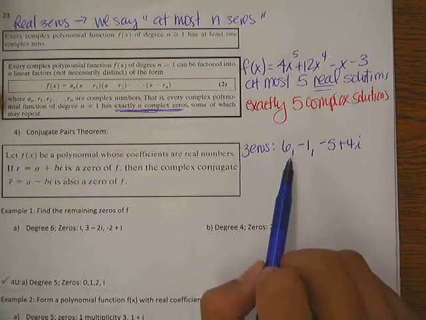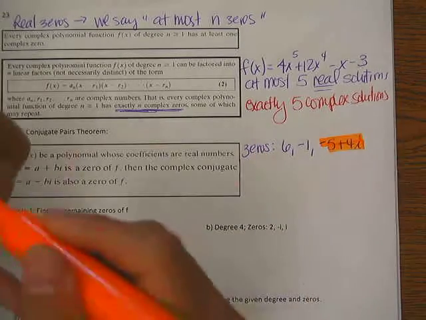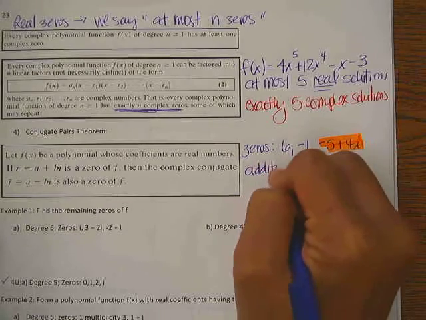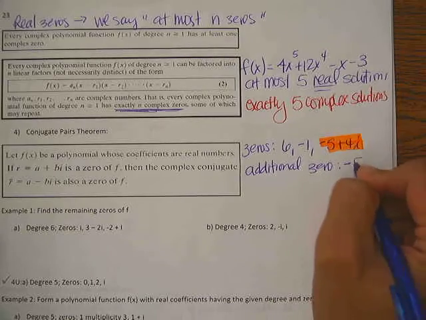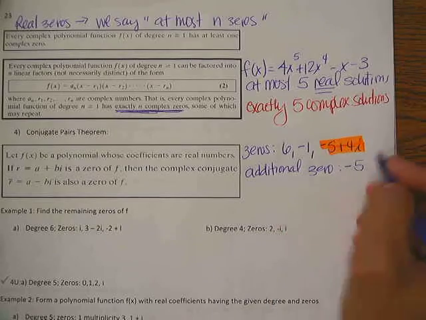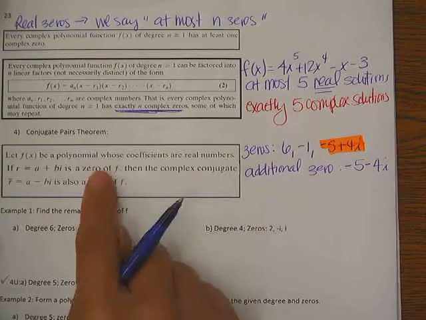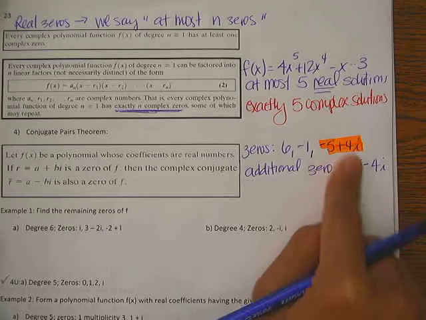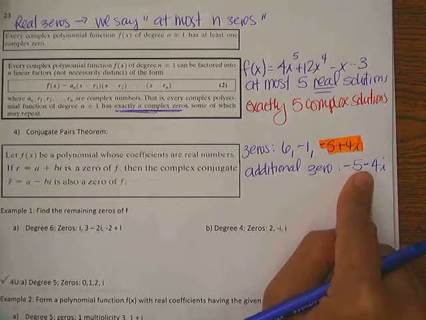Well, right away I know, because this has an imaginary number in it, an additional complex zero has to be the conjugate. We keep the first two numbers exactly the same, and conjugates mean we change the middle sign, so minus 4i. Now this theorem is not true for real zeros, but when it comes to complex zeros, it has to be true. If there's a complex zero, then we know the conjugate has to be there.